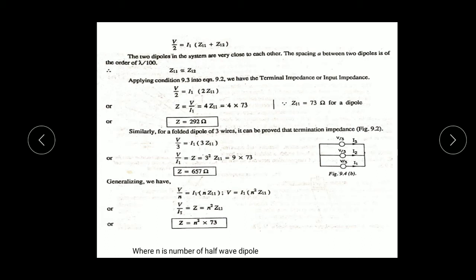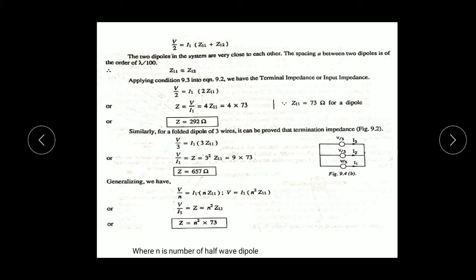The two dipoles in the system are very close to each other. The spacing A between the two dipoles is of the order of lambda by 100, so Z11 is approximately equal to Z12, and the mutual impedance is equal to Z11. Applying this, V by 2 equals I1 times 2 Z11.